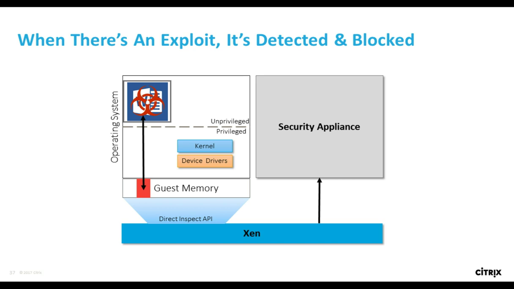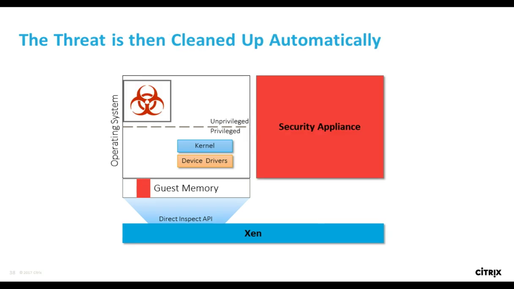In this case, you'll have, let's say, a Word application that's running, and that'll be talking to the guest memory. The guest memory detects that there's something going wrong, such as a virus that sits inside of Word. Somebody opened an attachment, for example. That guest memory is flagged via the security appliance under Xen and is then set to close or halt the threat that is being executed.